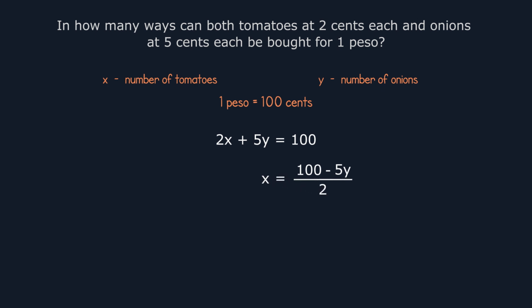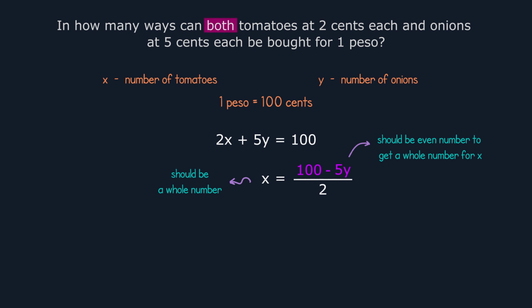For x to be a valid number, it has to be a whole number, which means 100 - 5y must be even. In other words, y must be an even number for this equation to give a whole value for x. Next, we also know that both tomatoes and onions must be bought, so x should be greater than 0, and y should be greater than 0 as well.